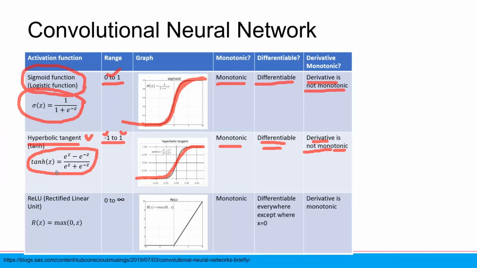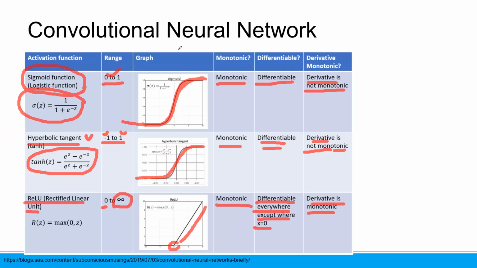The other most common approach is the ReLU, the rectifier linear unit. The value is between 0 and infinity, so it will not reach 0, but it can be any value higher than 0. It is monotonic, and it is differentiable everywhere except where x equals 0, and the derivative is monotonic.